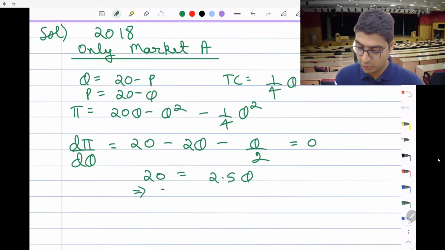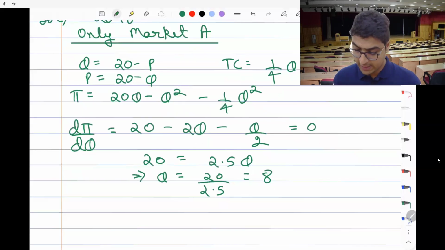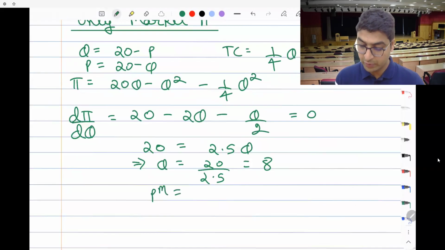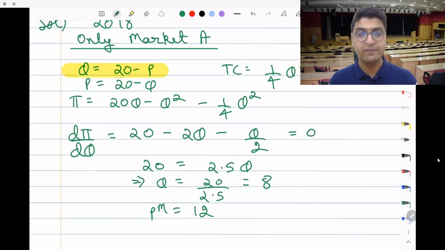So this implies monopoly quantity would be 20 upon 2.5, which is 200 upon 25, which is 8. And that gives us the monopoly price from this function to be 20 minus 8, which is 12. So this happens when the firm is operating only in market A as a monopolist.